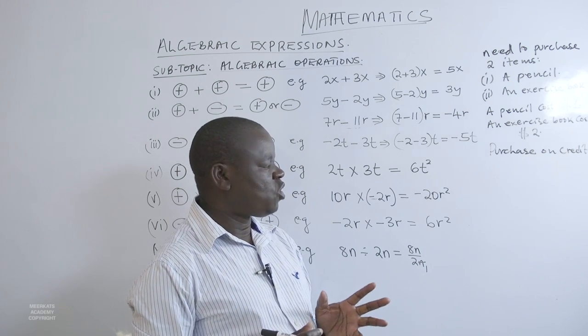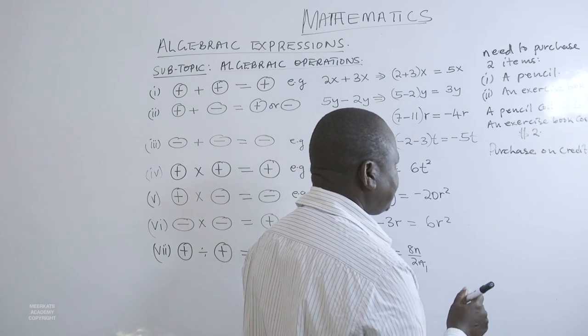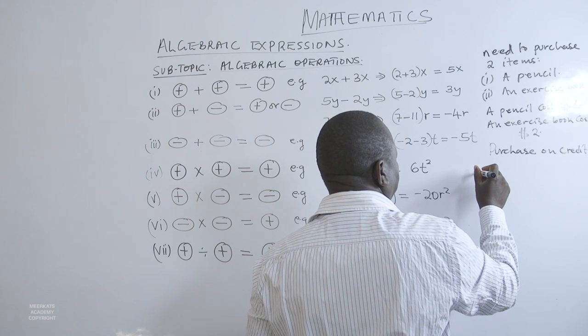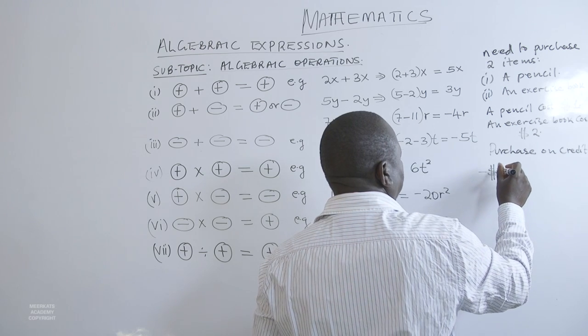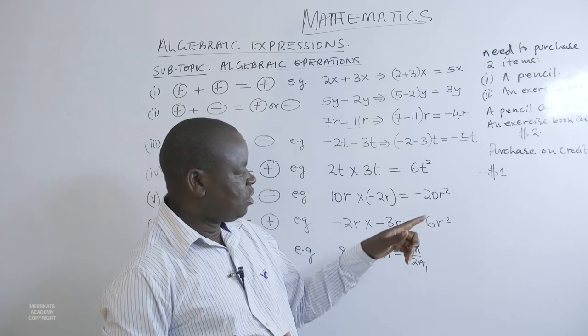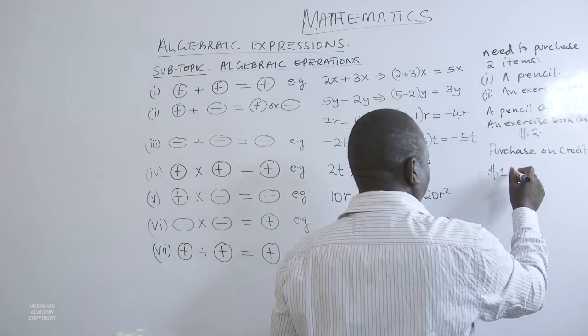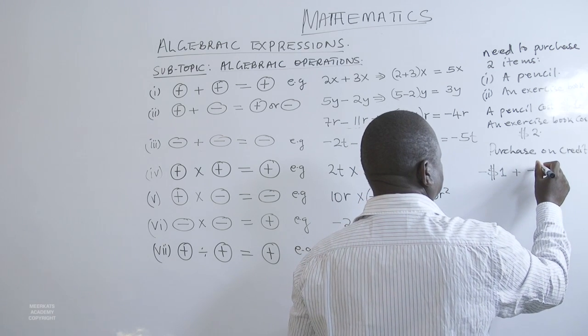When you purchase on credit, we treat it as negative $1. Now you are purchasing on credit. It is negative $1 plus negative $2.